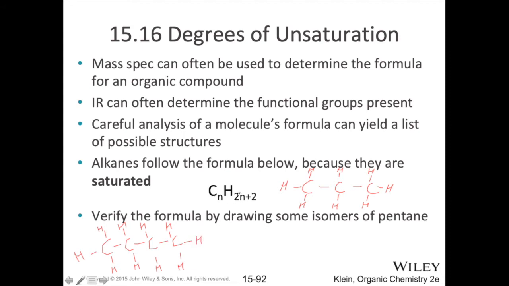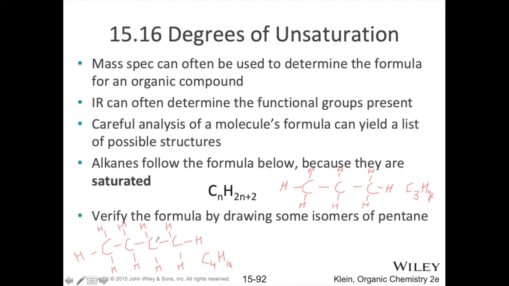So again, following that formula, that's C4H, 4 times 2 is 8, 8 plus 2 is 10, and if you count this, you'll see there are 10 hydrogens. Let me just make a note of this here so that we have that when you're checking that out later.